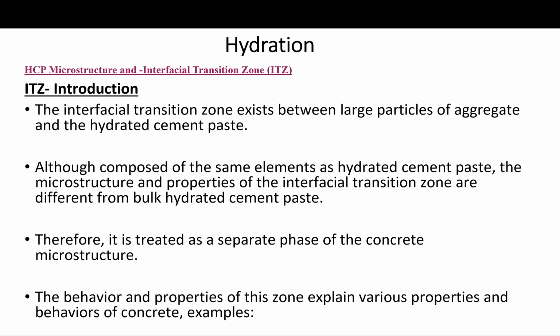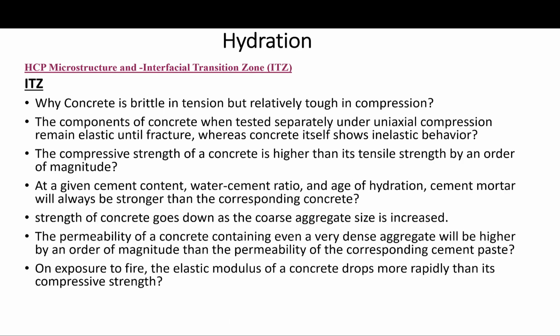So it is treated as a separate phase of the concrete microstructure, and the behavior and properties of this zone actually explain various properties and behaviors of the concrete. Examples: why concrete is brittle in tension but relatively tough in compression, for example.